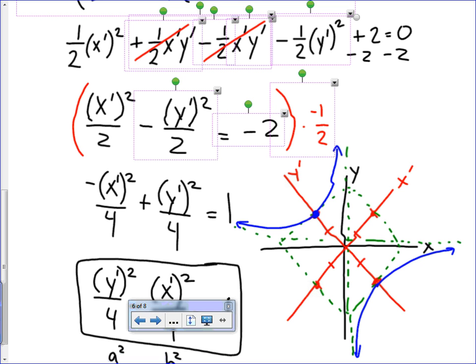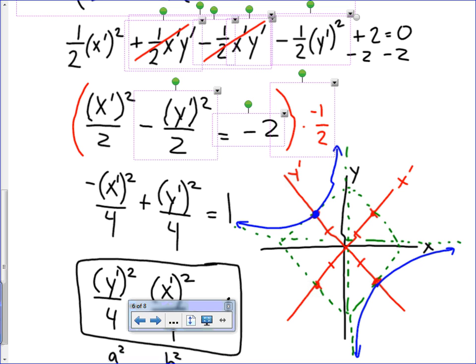If you train your eyes to focus on the black axes, the x and the y that we started with, and then you look at your hyperbola in relation to the black axes, you can see that your hyperbola is rotated. If you focus your eyes on the red axes, the new axes, the x prime, y prime, then the hyperbola doesn't look rotated on those axes. Are we okay with this?